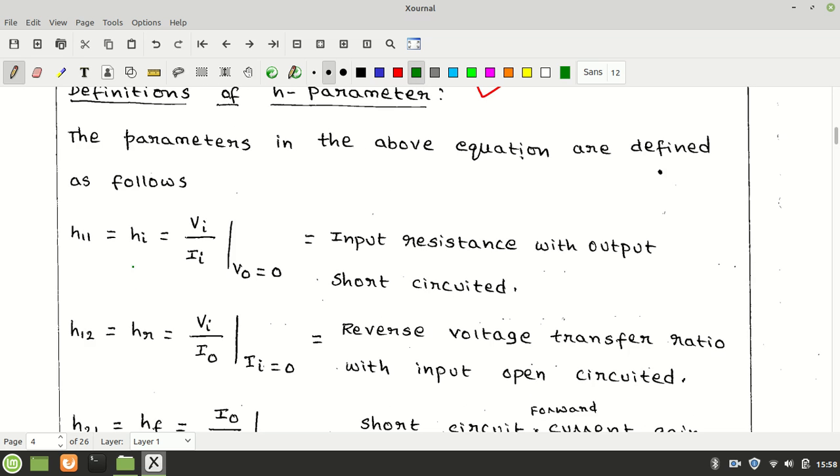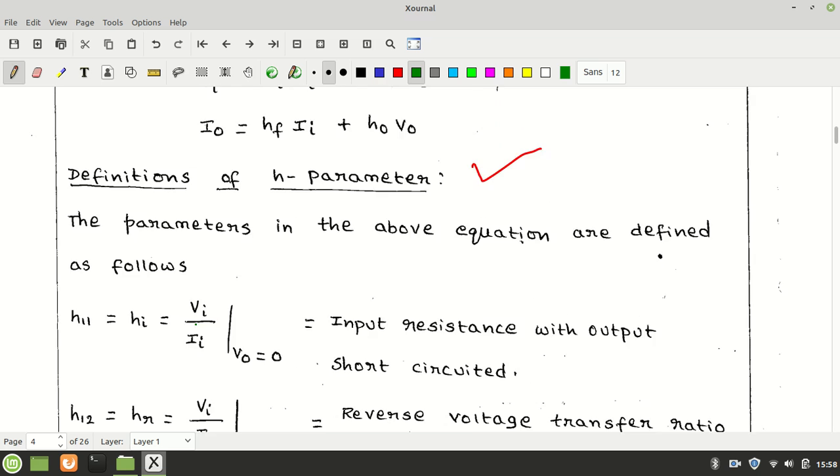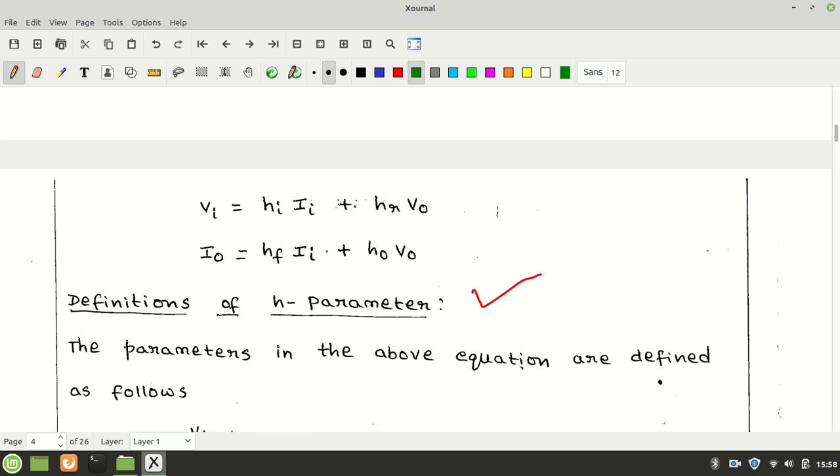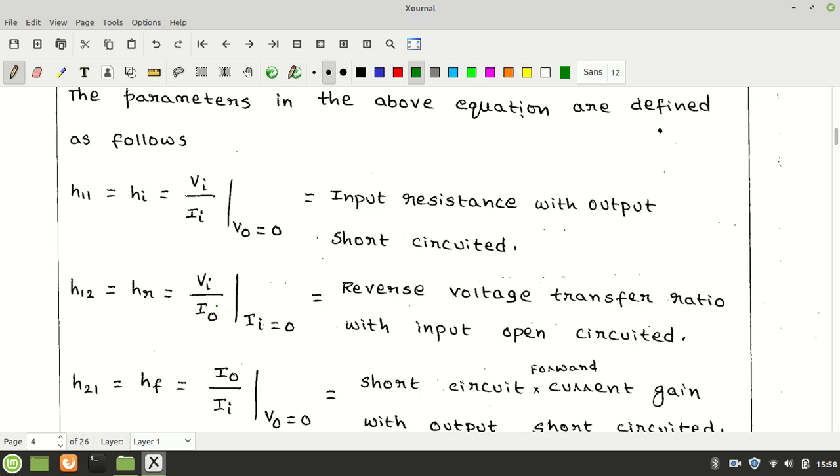Similarly, you can define H12, which is Hr, that is reverse voltage transfer ratio. Yes, H12 means Hr. So it is wrongly written here.